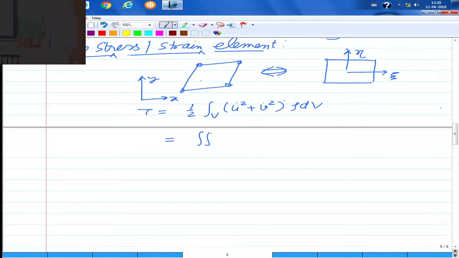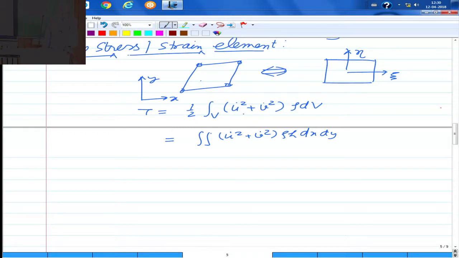Because none of these quantities are functions of thickness or z coordinate, the thickness integration, either minus h by 2 to plus h by 2 or 0 to h, will finally just give you h. So I can write this as u dot square plus v dot square into rho into h into dx into dy. So dv is written as h into dx into dy.